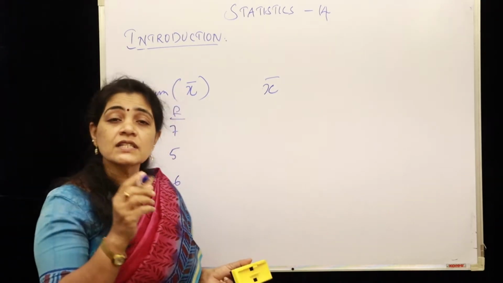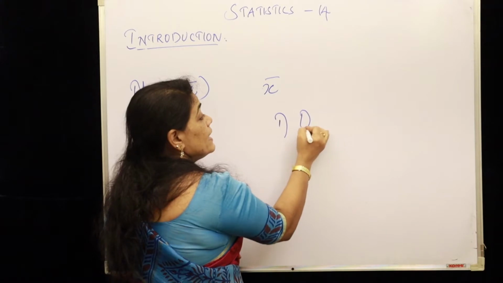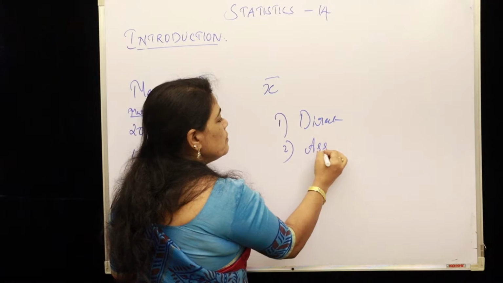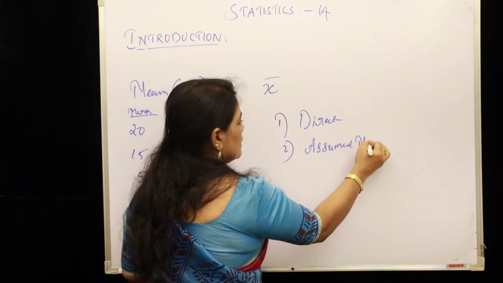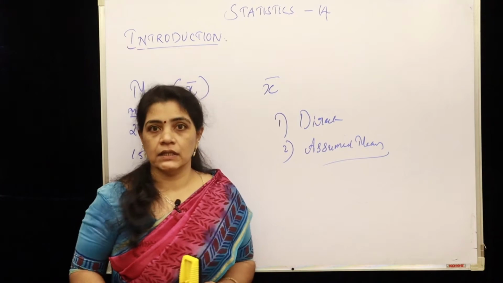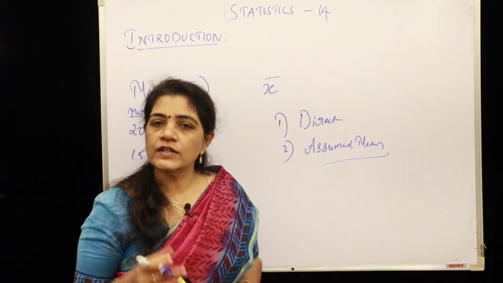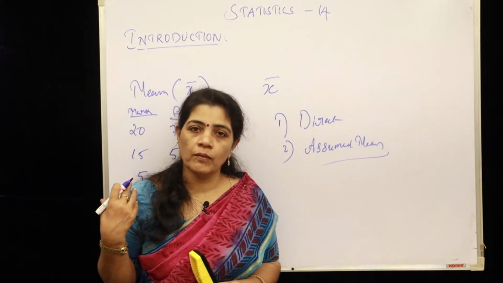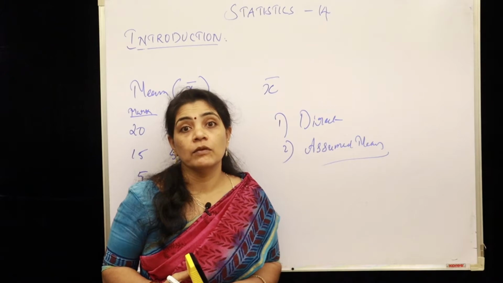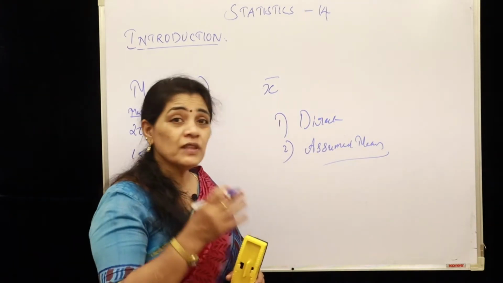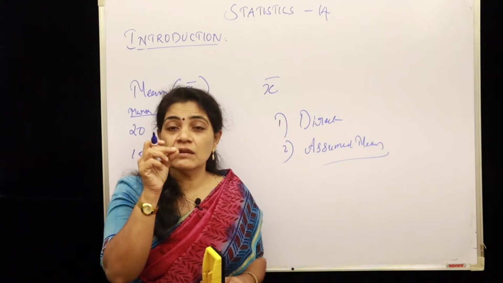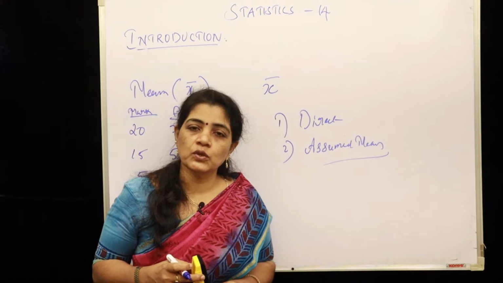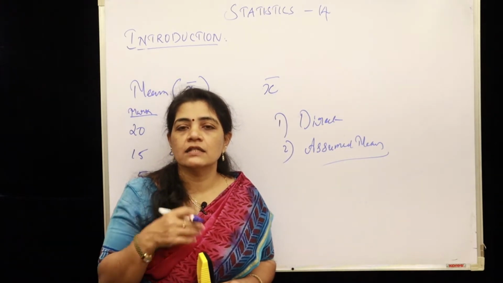The first method is what we call the direct method, and the second method is the assumed mean method, or shortcut method, both are the same.